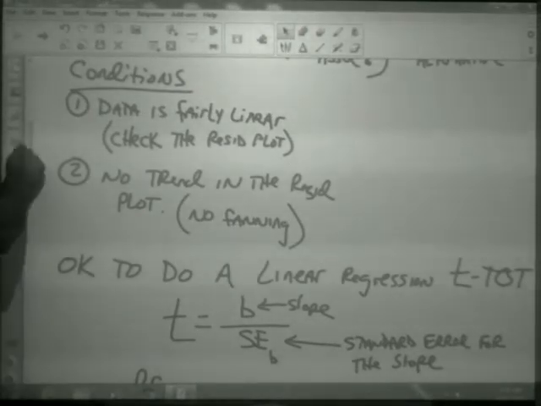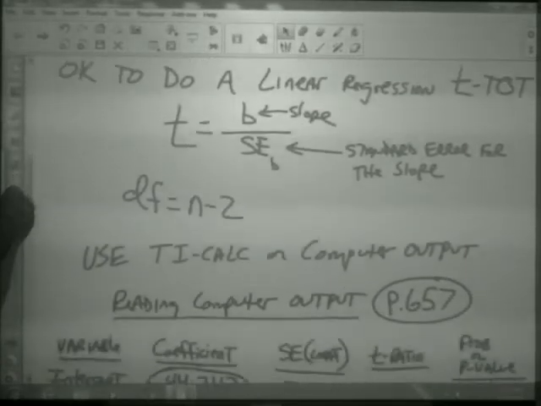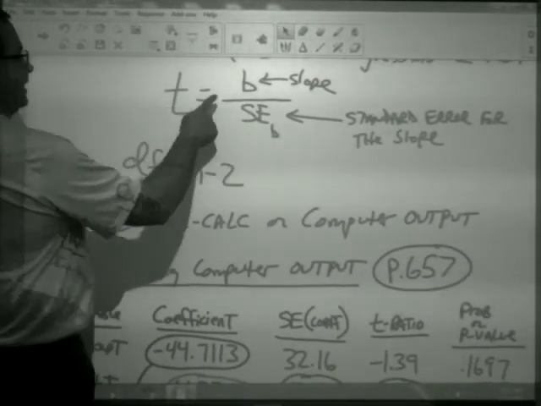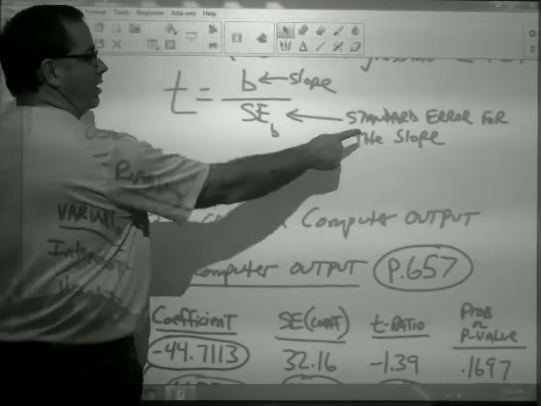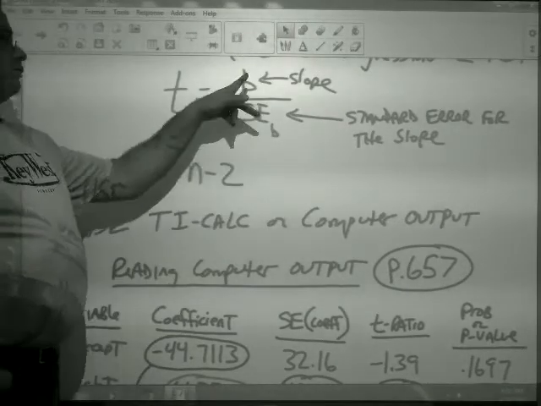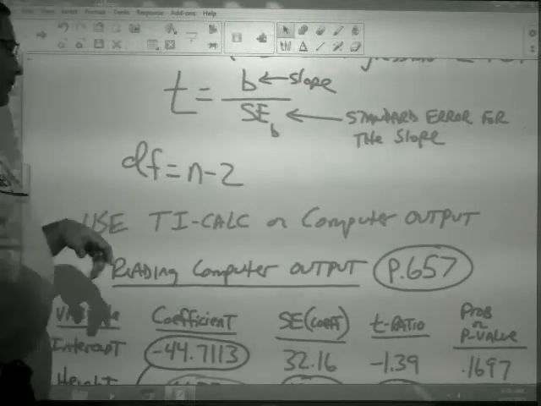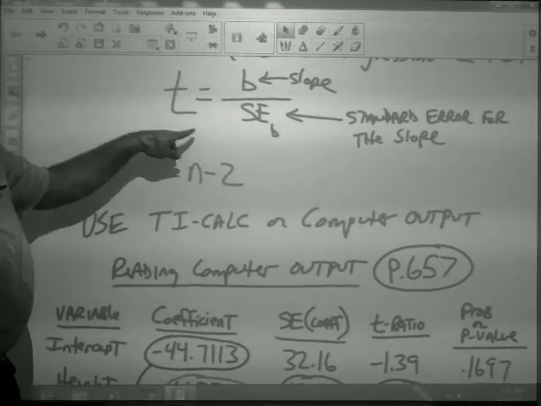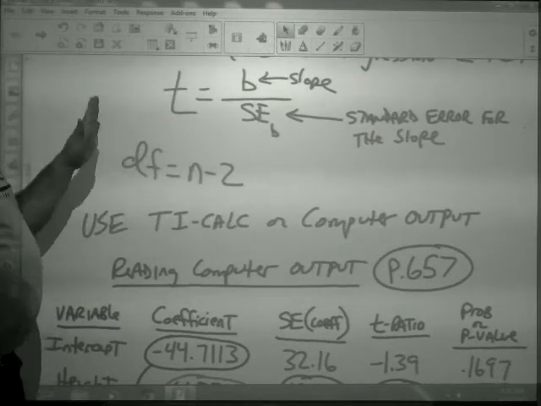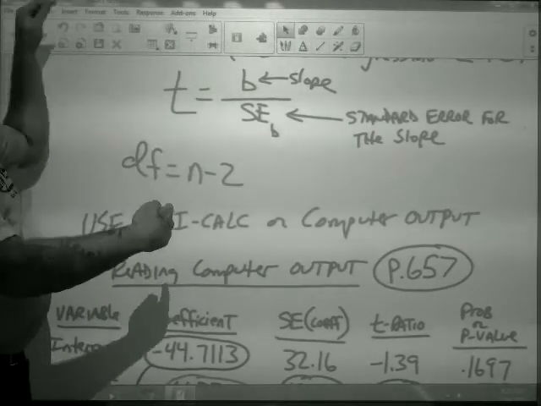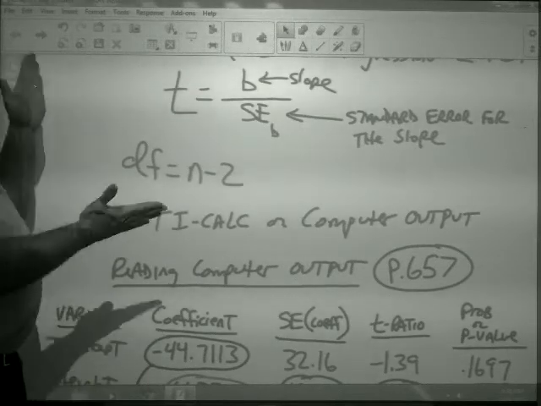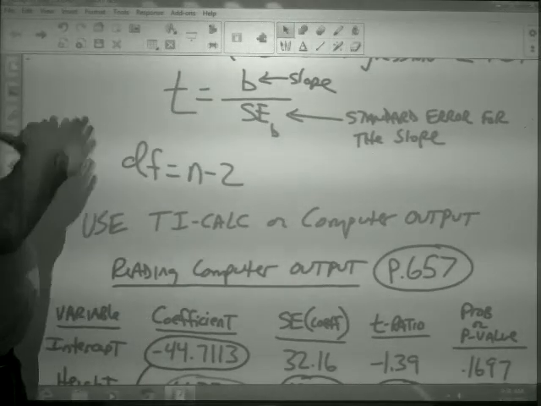So our t-value here is all about taking the slope, dividing it by the standard error for the slope. And this information you'll get right off your calculator. The degrees of freedom here is n minus 2 because we have two sets of data. This one can vary by one less, this one can vary by one less, and they are paired up, like height and arm span.